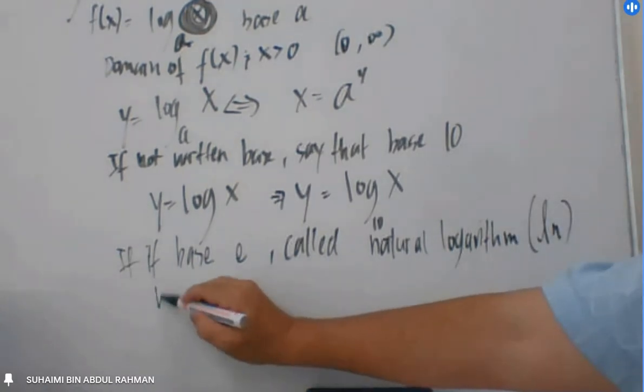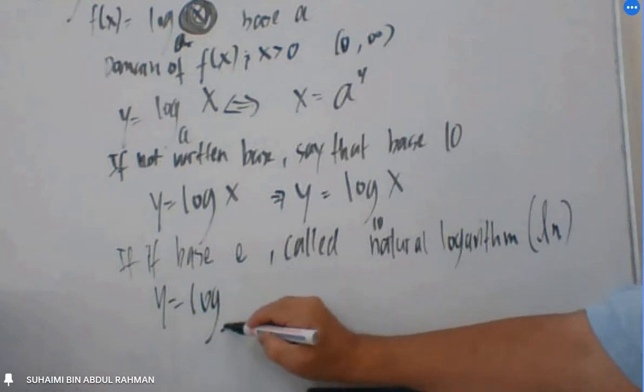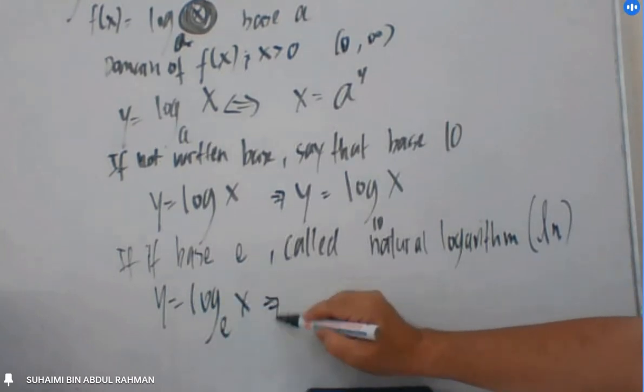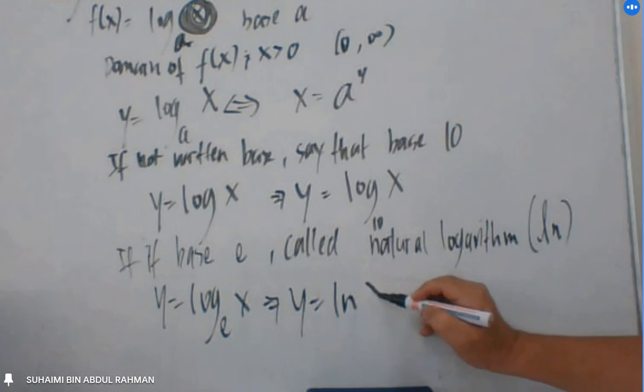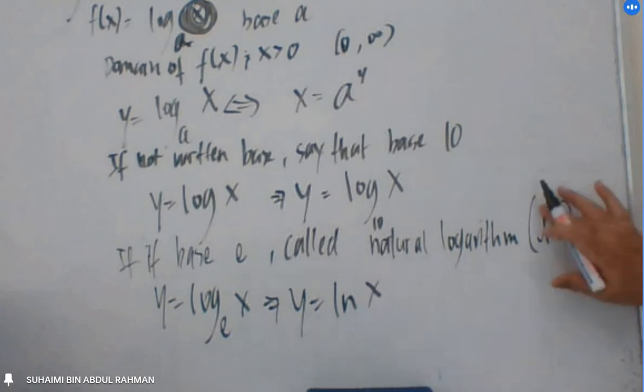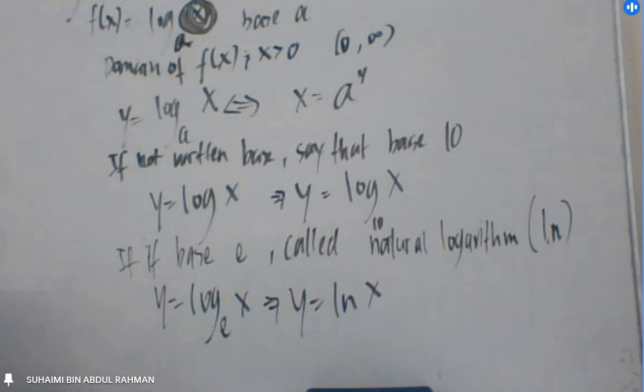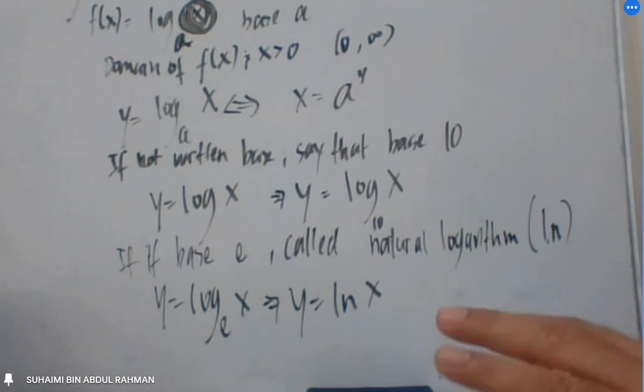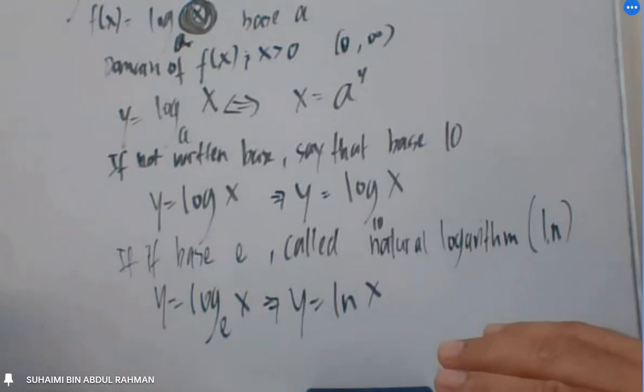For example, y equals log e x, we can write as y equals ln x. This is ln x. Any questions? Now we go on to logarithmic functions.